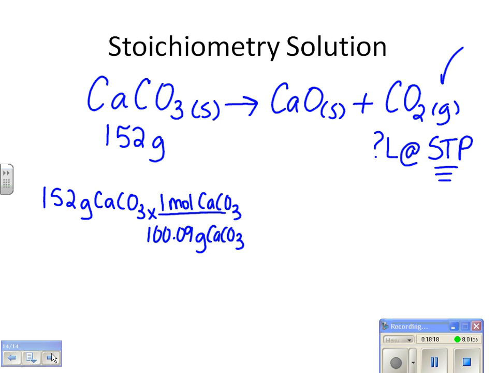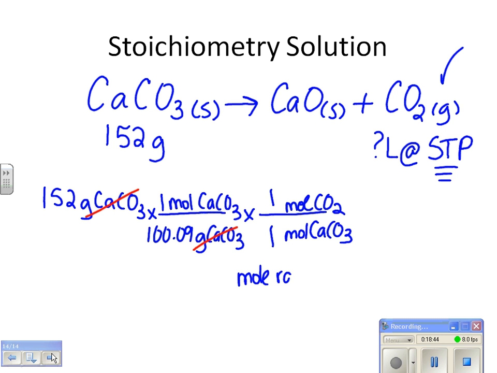It will get grams of calcium carbonate to cancel and give us moles of calcium carbonate. Good. Now we can go from moles of calcium carbonate to moles of carbon dioxide using the coefficients from the balanced equation. Calcium carbonate is in the bottom, so it'll cancel, and carbon dioxide is in the numerator because it's our unknown, and it's a 1-to-1 ratio. That's the mole ratio from the balanced equation.